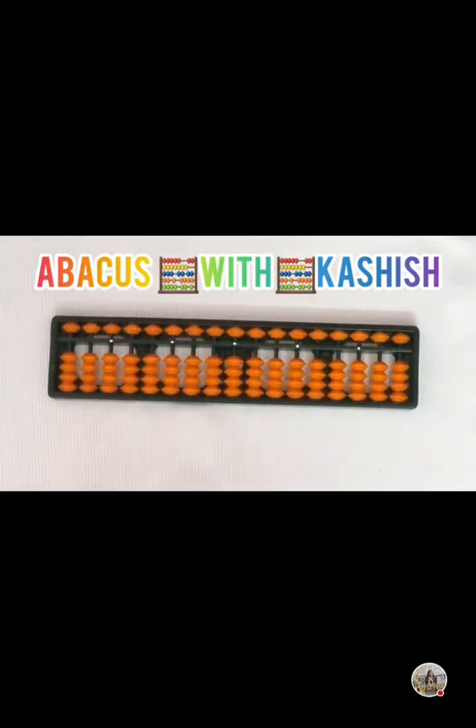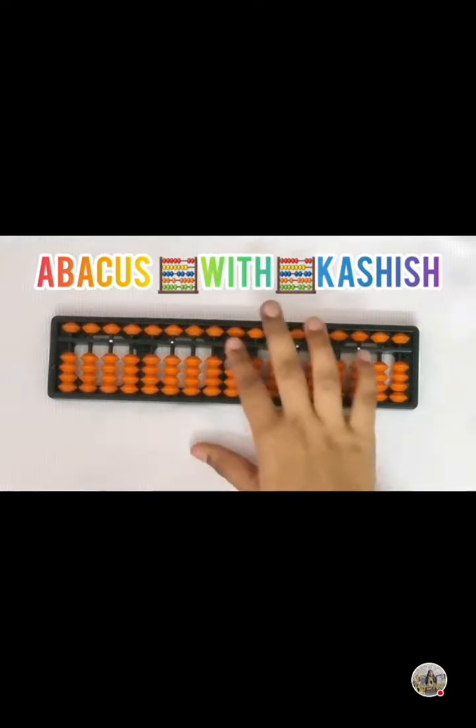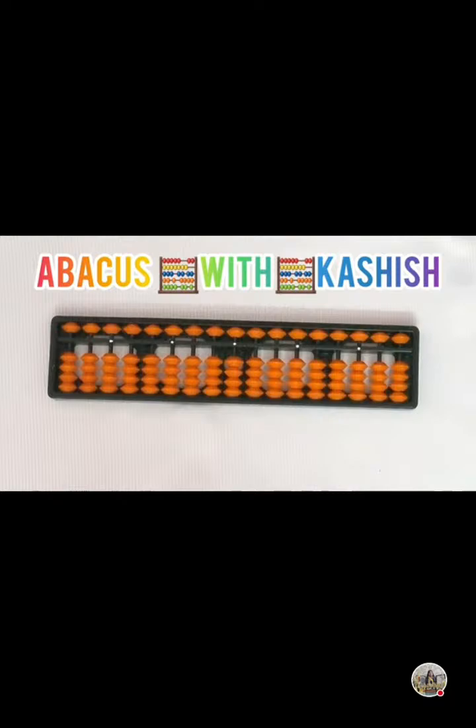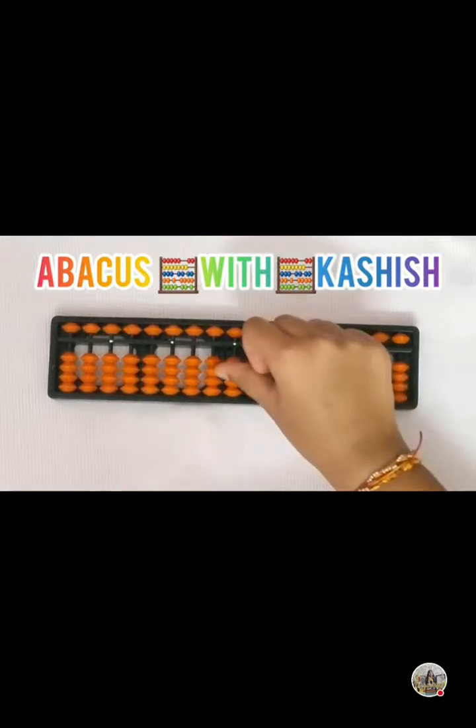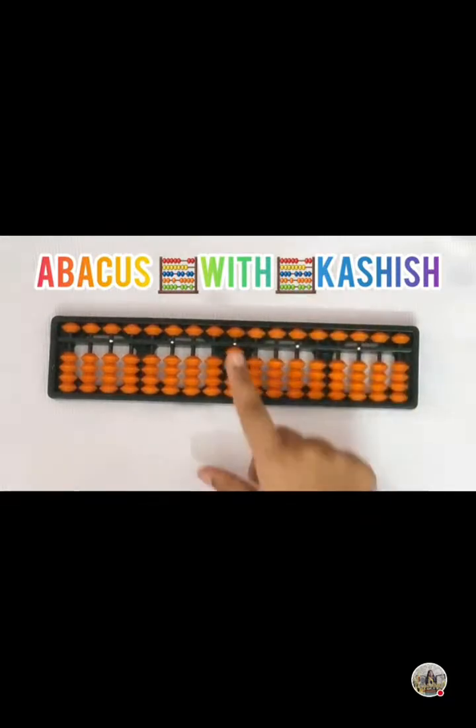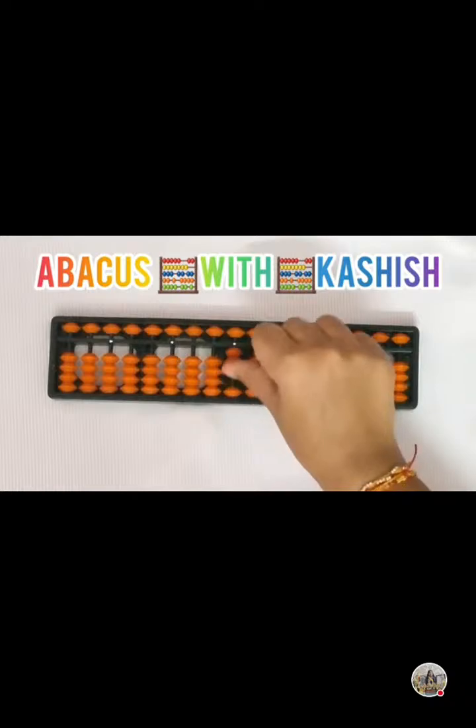But if I want to add 1, how will I add it? Simply add 1 lower bead, as the value of 1 lower bead is 1. If I want to add 2 here, how will I add it? 1 plus 1 is equal to 2, so 2 beads. If I want to add 3, 3 ones make 3, so 3 beads.